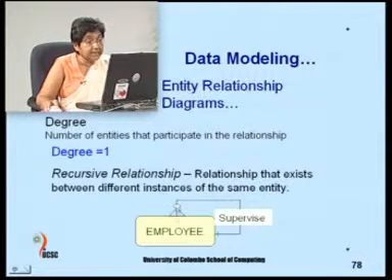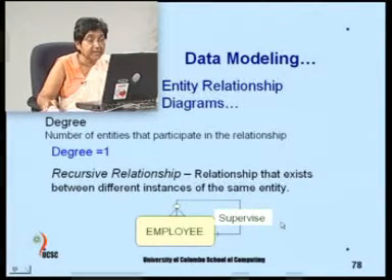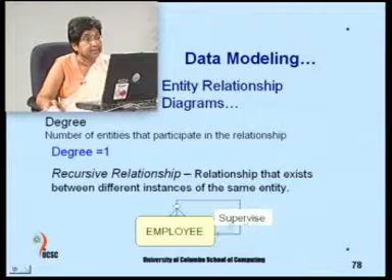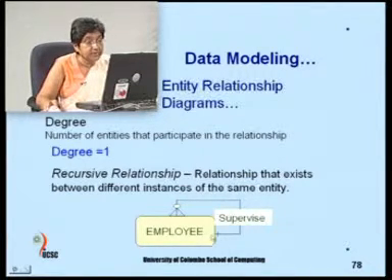Now it is an employee who will supervise other employees. So this is not between two different entity types, it is the same entity occurrence supervising the others. So here what it means is, one employee will supervise many employees.